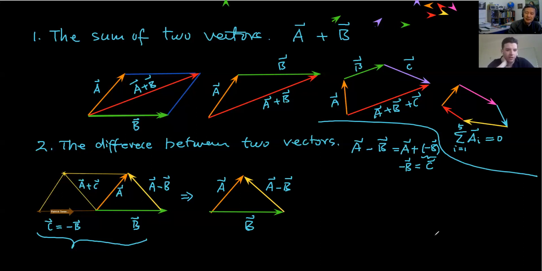Quick question. Why is the vector A plus C and A minus B, aren't they the same? Yes, right. They are the same because we didn't change the direction.